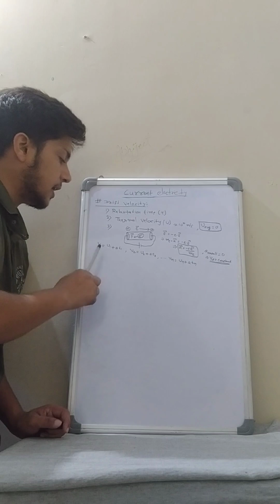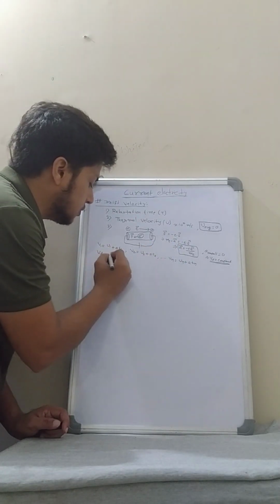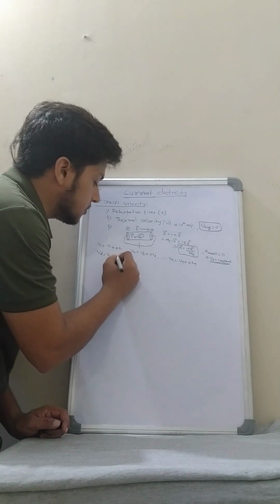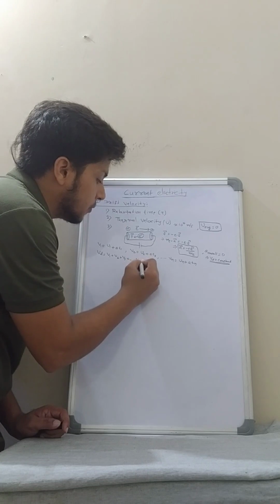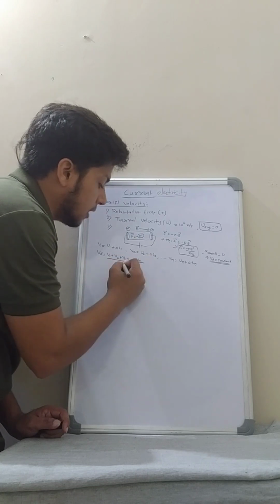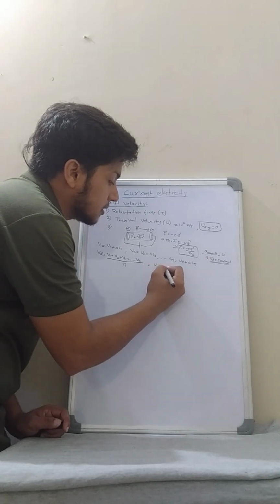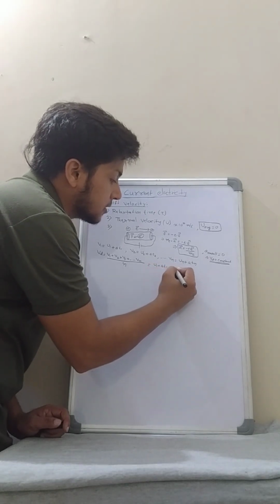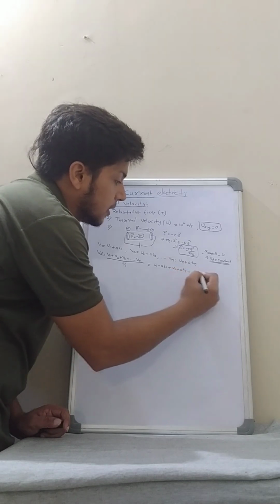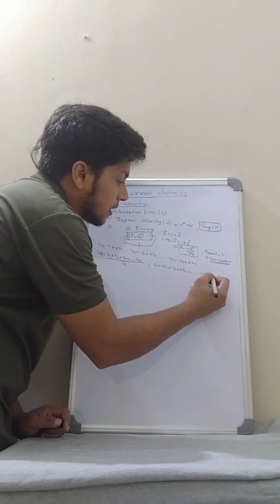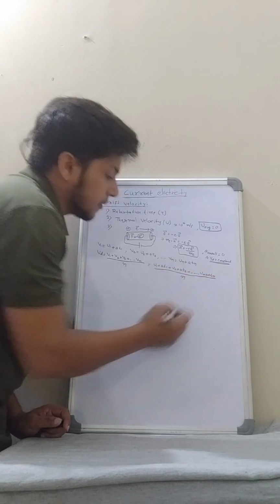Drift velocity will be the average of these velocities: Vd equals (v1 plus v2 plus v3 plus ... vn) upon n, so it is (u1 plus a t1 plus u2 plus a t2 plus ... un plus a tn) upon n.